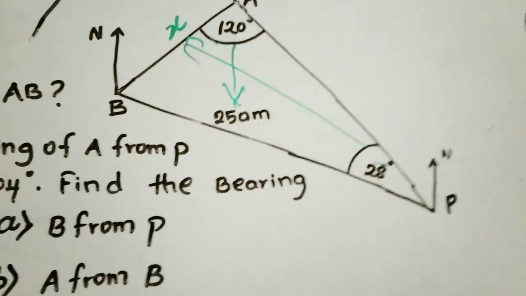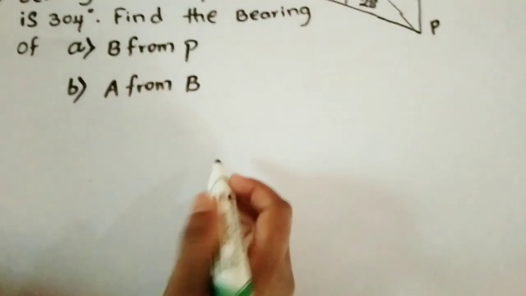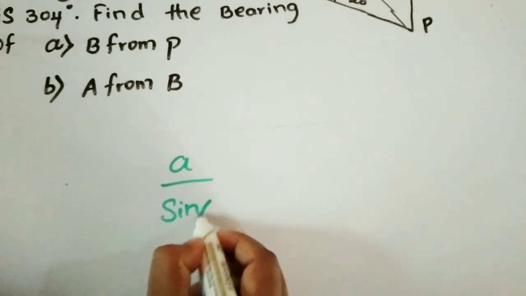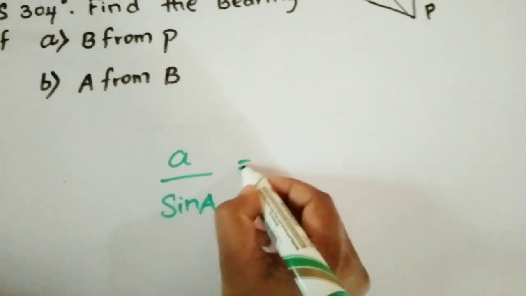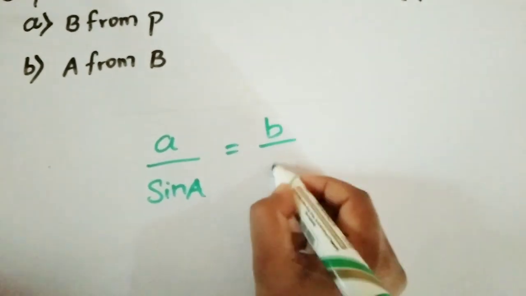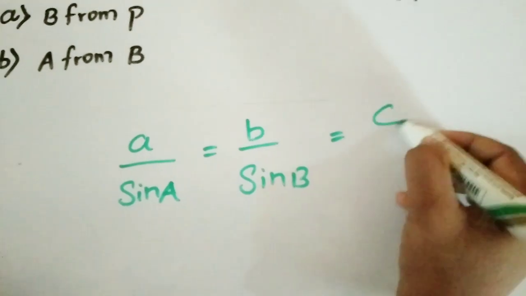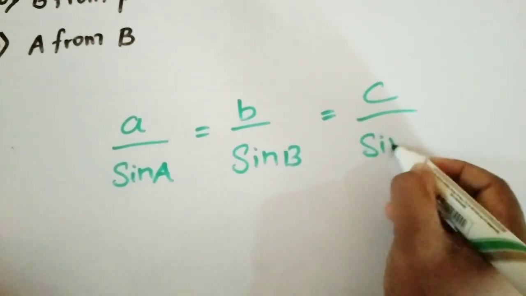Two angles and 2 sides. Okay, we'll use the sine rule here. What is the sine rule? a over sine A is equal to b over sine B, is equal to c over sine C.